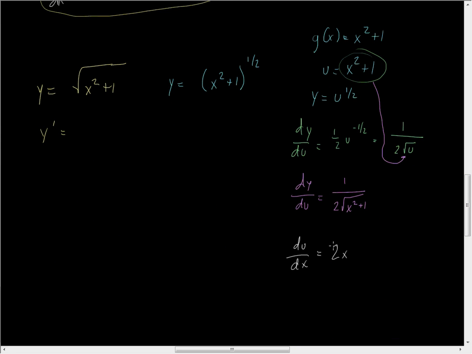So by combining them, the derivative of y with respect to u times the derivative of u with respect to x is equal to 2x times 1, which is 2x, divided by 2 root x squared plus 1. All right, so after all of that, we found that y prime is equal to 2x over 2 times the square root of x squared plus 1.